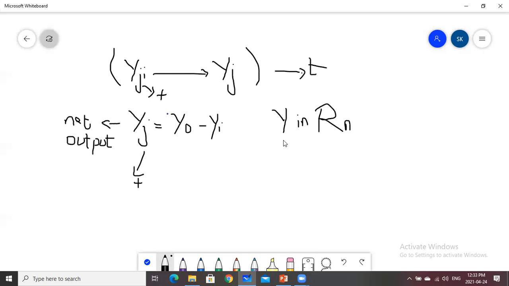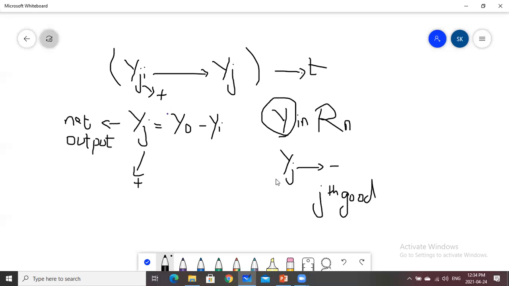This is the production plan, which is showing vector Y in Rn. Now what if Yj is negative? If the value of Yj is negative, the jth good serves as the net input, and positive if the jth good serves as the net output.